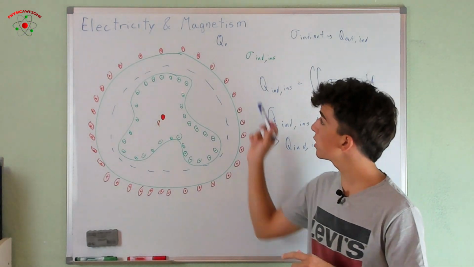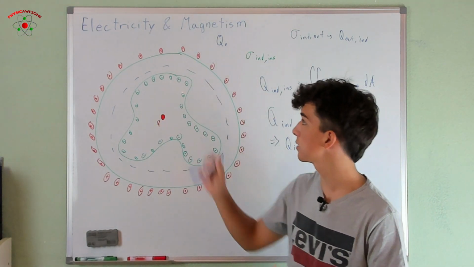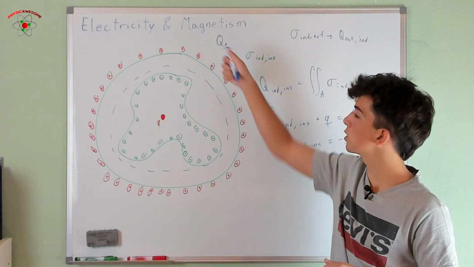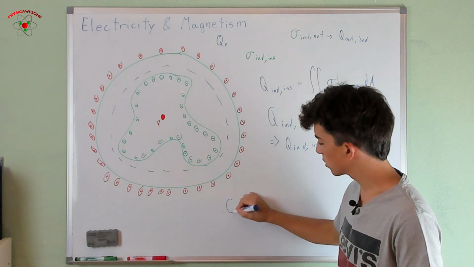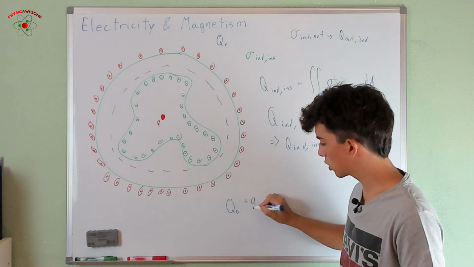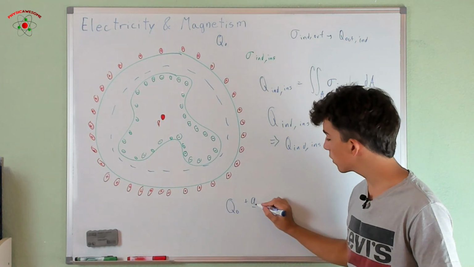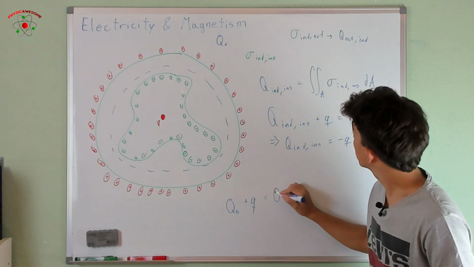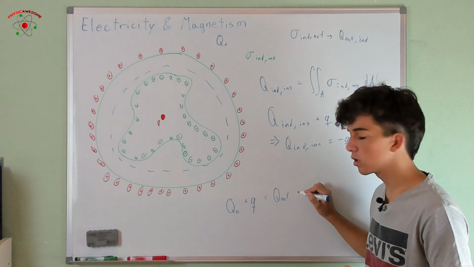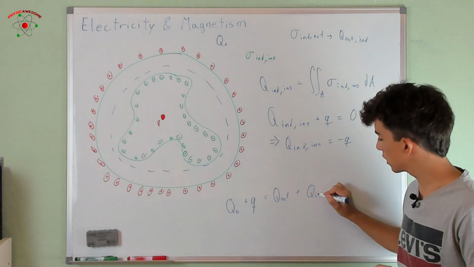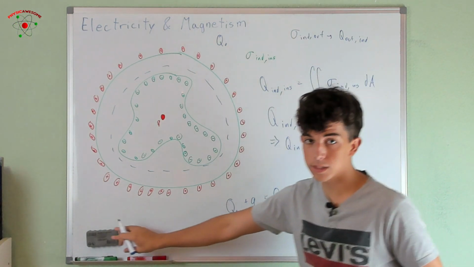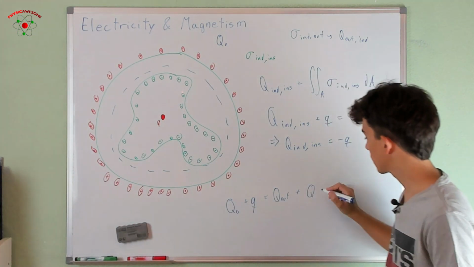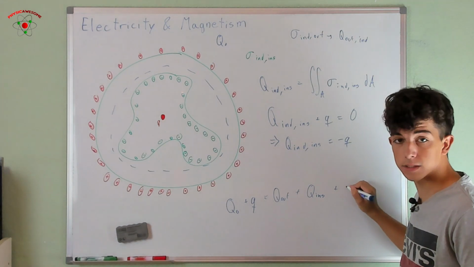We know that the total charge that is going to be inside this system, if we drew a Gaussian surface surrounding it all, is going to be equal to Q0 plus Q. And now we know this is going to be equal to the Q out plus the Q inside, plus Q.